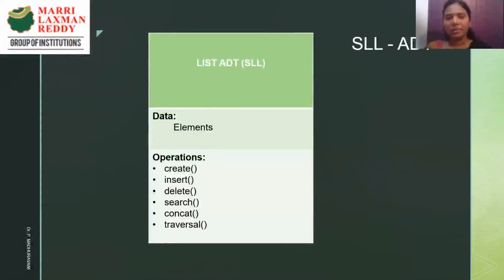Coming to the singly linked list ADT, which is given as a group of elements, these are the operations allowed on a linked list. Create creates a linked list. Insert is used to insert a new node into the linked list as a first node or last node or after a given node or before a given node. The delete operation is used to remove a node from the linked list.